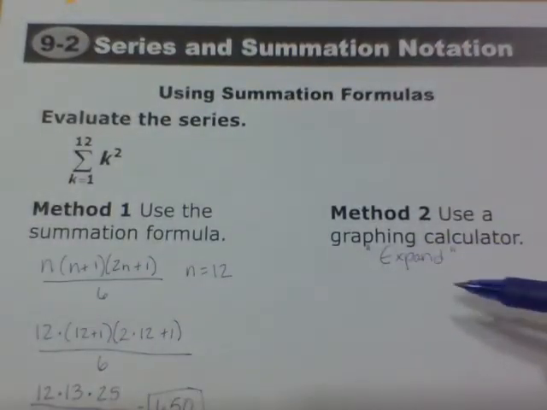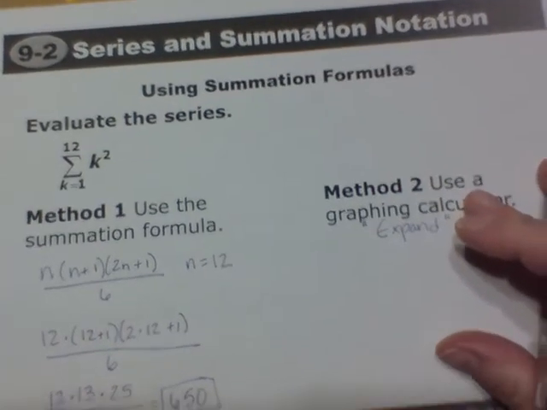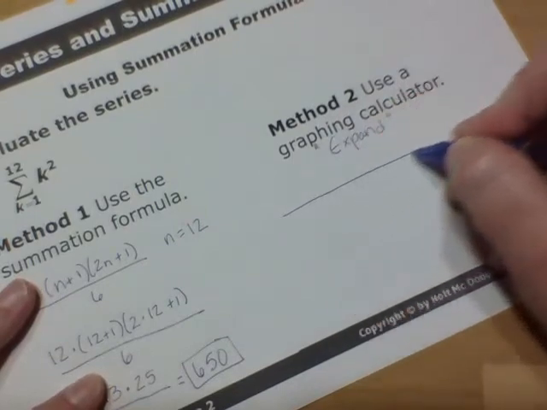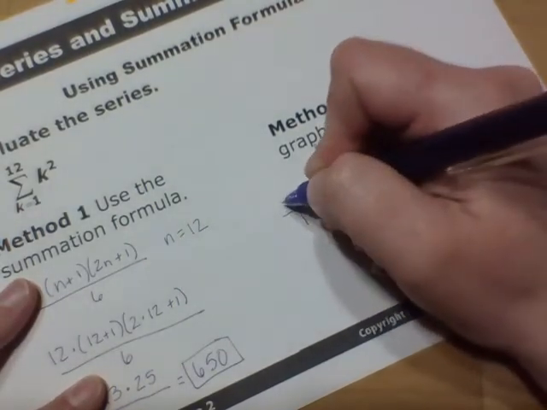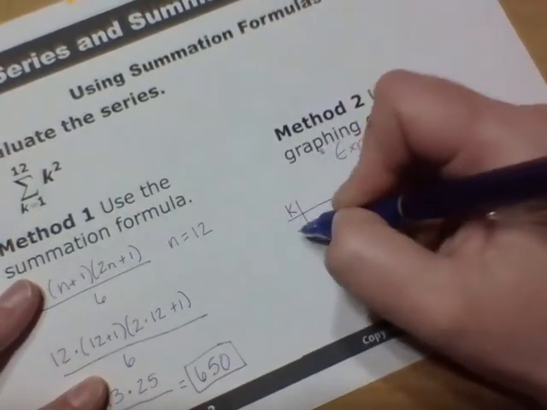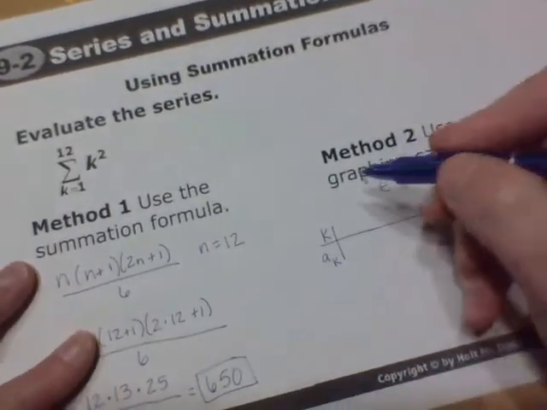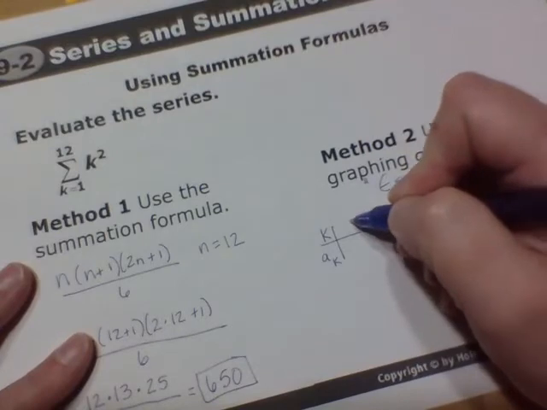So in this next one, we're going to go ahead and expand for these 12 terms. I guess I'm going to probably have to write smaller. So here's our k term, and then our a sub k, or what happens as the result of squaring k.